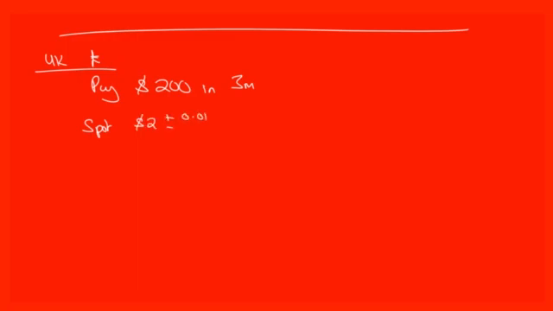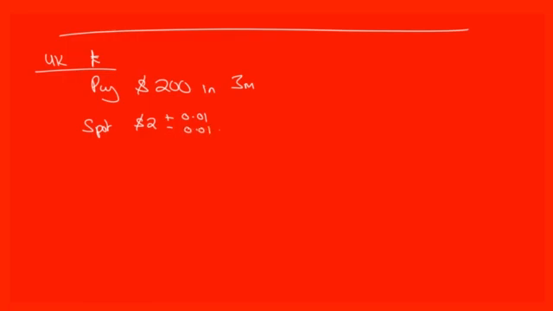Okay, so now we see the differences, let's have a look at some examples. Let's say we're a UK company, and we have to pay $200 in 3 months' time, and you get told that the spot rate is currently $2 plus or minus 0.01.